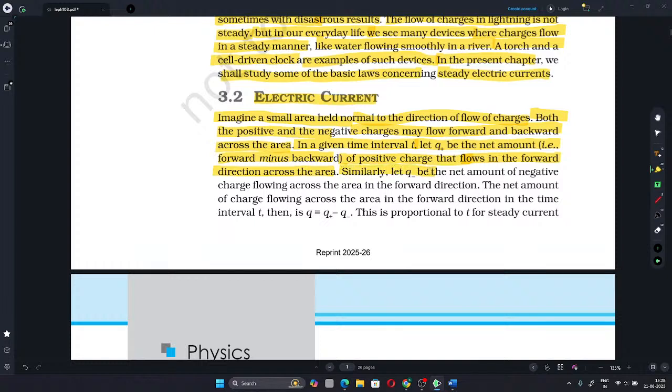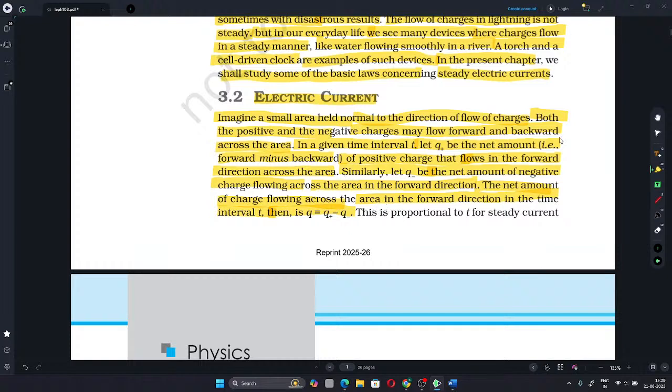Similarly, let q minus be the net amount of negative charges flowing across the area in the forward direction. The net amount of charge flowing across the area in the forward direction in the time interval t is then q equals q plus minus q minus.